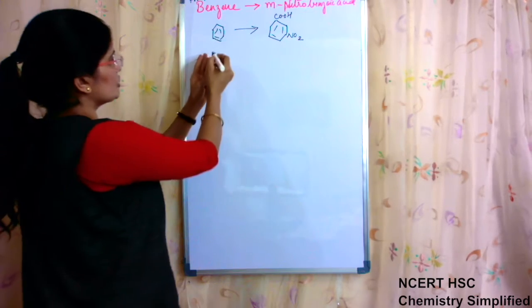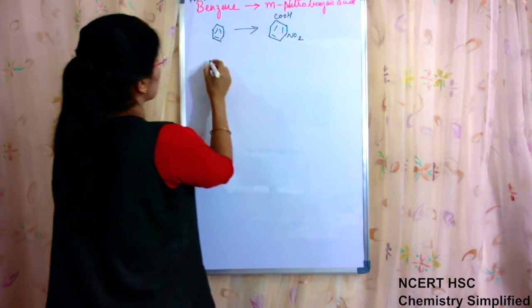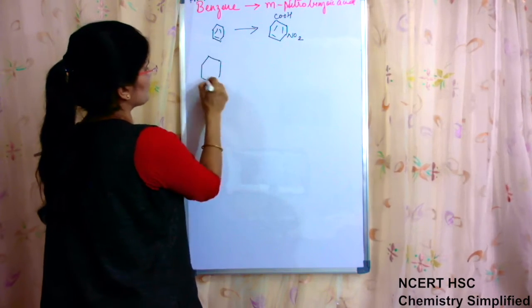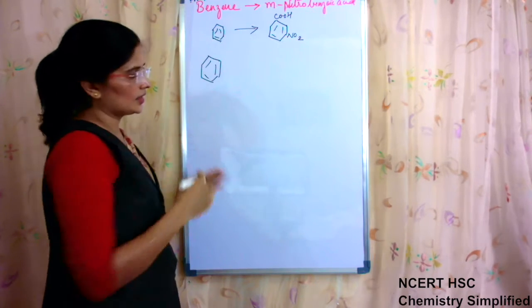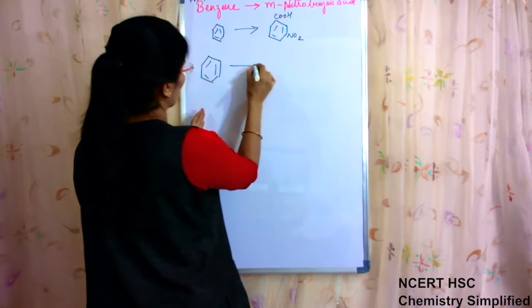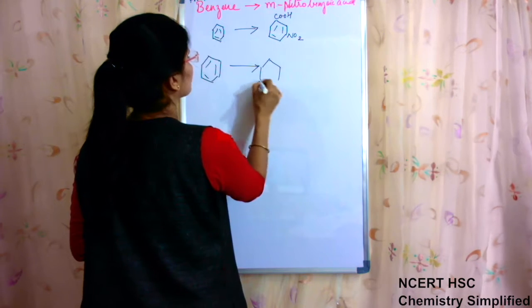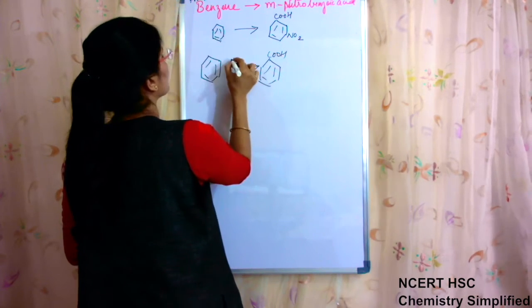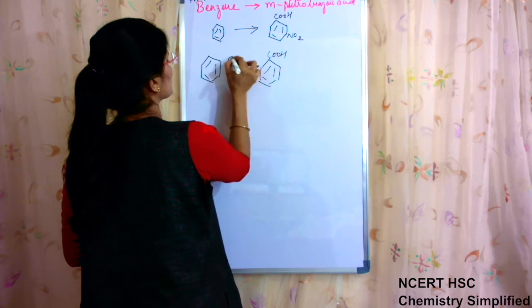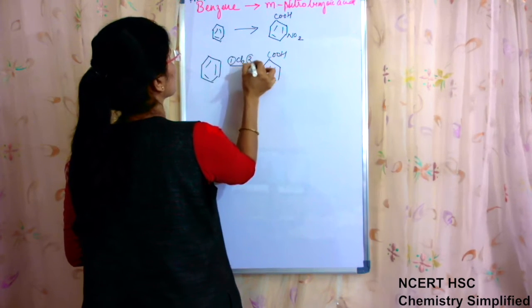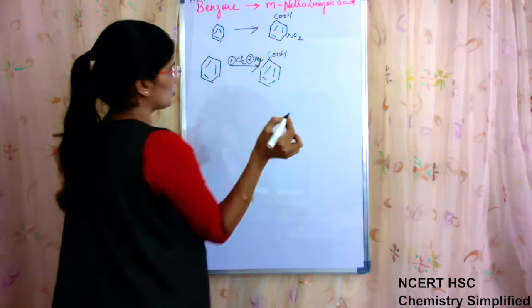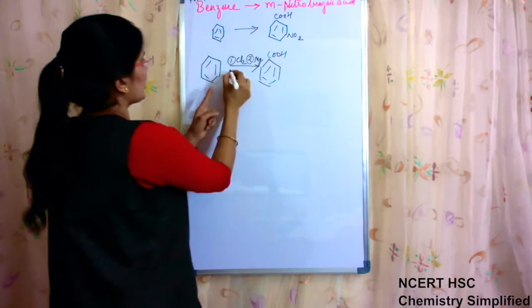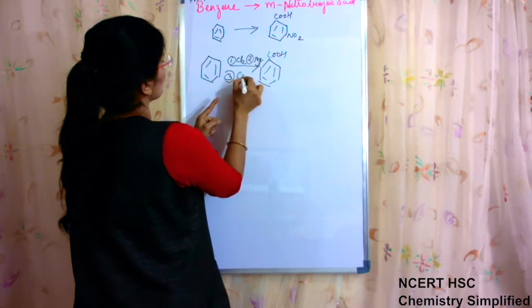So conversion of benzene to benzoic acid is the same which we have just done in the previous conversion. Benzene to benzoic acid, the same steps will follow. What same steps? First reaction with halogen, second reaction with magnesium to convert into Grignard reagent, and third reaction with CO2.